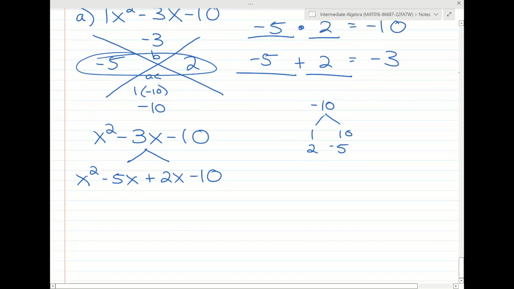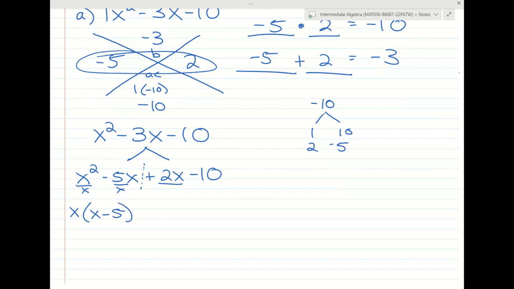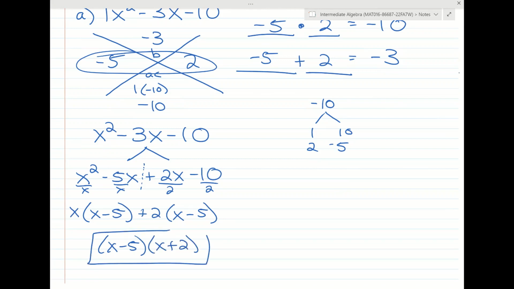Cut it down the middle here, we could take out an x. We're left with x minus 5, take out a 2, we're left with x minus 5. And x minus 5 times x plus 2 would be the answer. Instead of doing -5 and 2, if you did 2 and -5, the answer would just switch, which is totally fine.